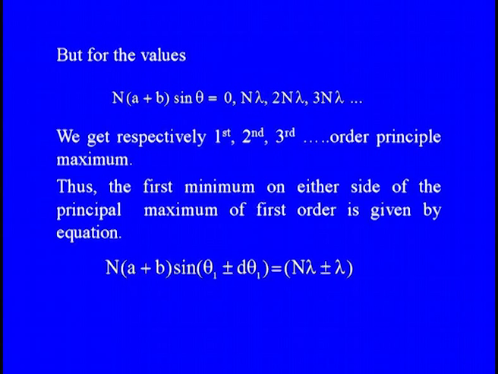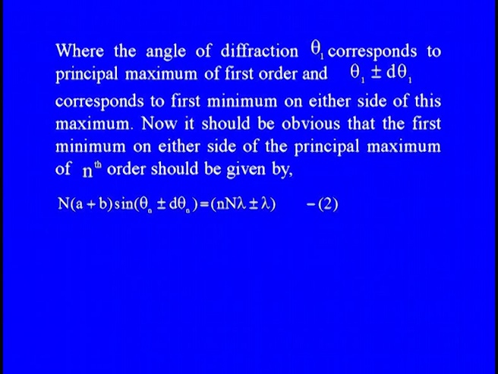Thus, the first minimum on either side of the principal maximum of first order is given by the equation capital N (a plus b) sin(theta 1 plus minus d theta 1) equal to capital N lambda plus minus lambda, where the angle of diffraction theta 1 corresponds to the principal maximum of first order and theta 1 plus minus d theta 1 corresponds to the first minimum on either side of this maximum.